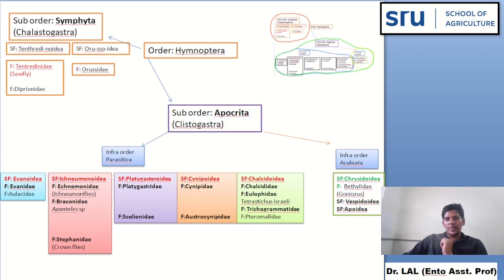Another superfamily is Chrysidoidea, family Bethylidae. Vespoidea is another superfamily, and another superfamily is Apoidea.